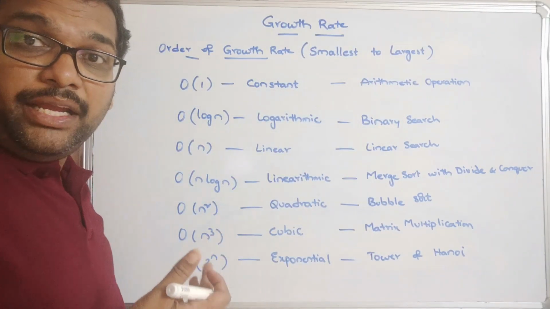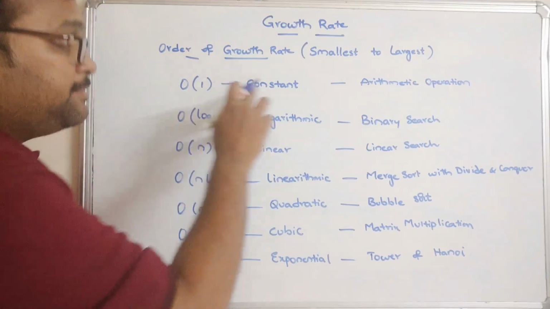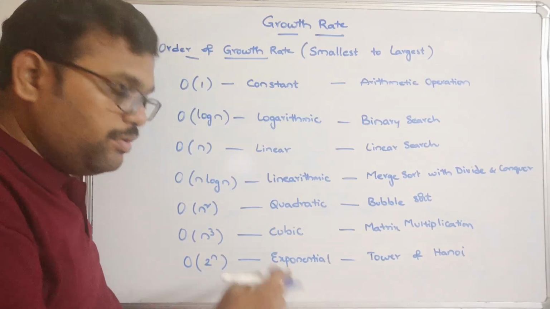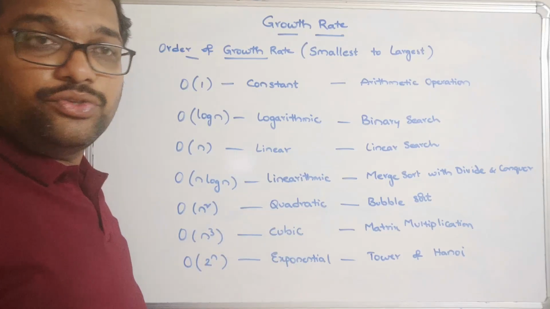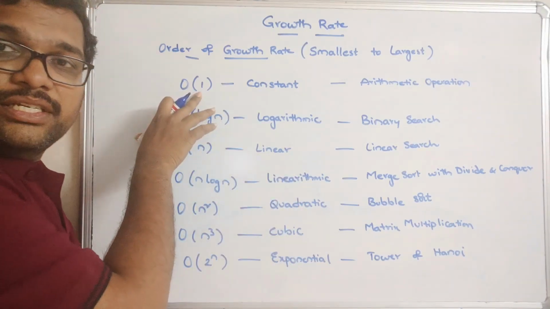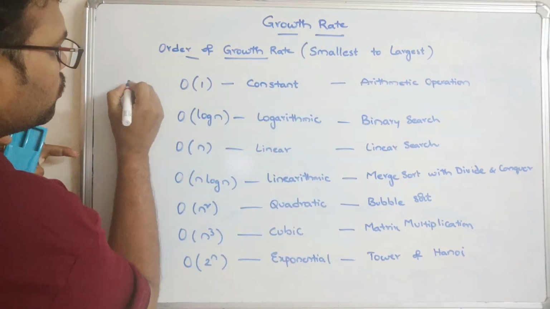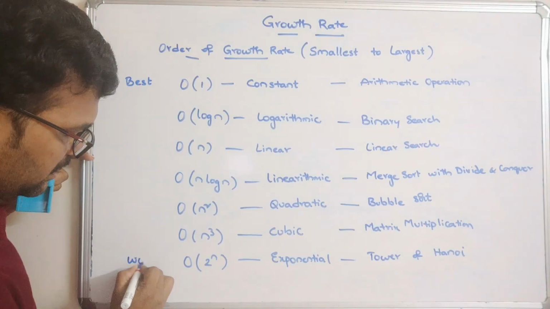The time taken for the constant will be less when compared to exponential, and exponential will require more steps to complete its execution when compared to the constant. So this will be from smallest to largest, and we can also call it best case to worst case.